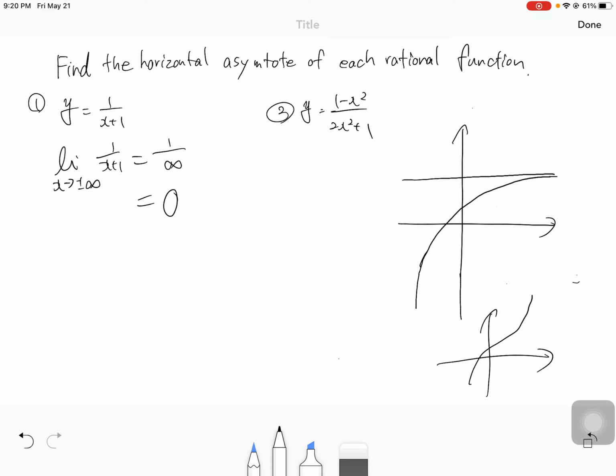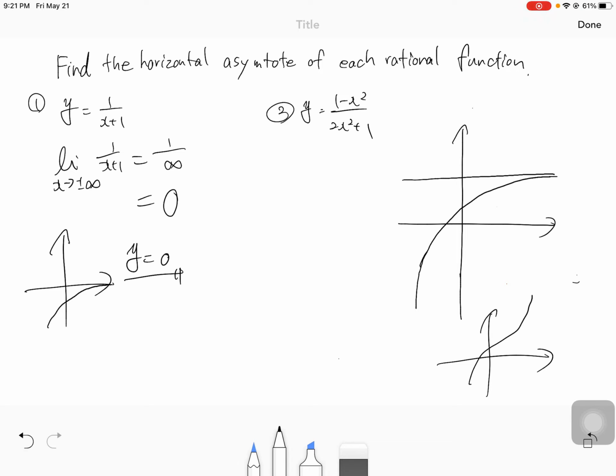So in this case, when x is really big or really small, the value of y is getting close to 0, like this. So the answer is y equals 0. This is the horizontal asymptote.